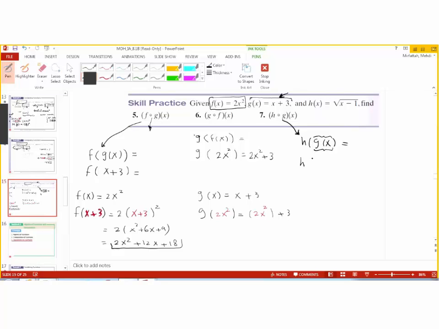Okay, so G, yeah, we're looking for G of X, which is X plus 3. Yes. I just switched it in my head. Right. Alright, so that's what you're looking for now, right? Now that we have G of X, we can look at what H of X is. Mm-hmm. H of X is the square root of X minus 1.